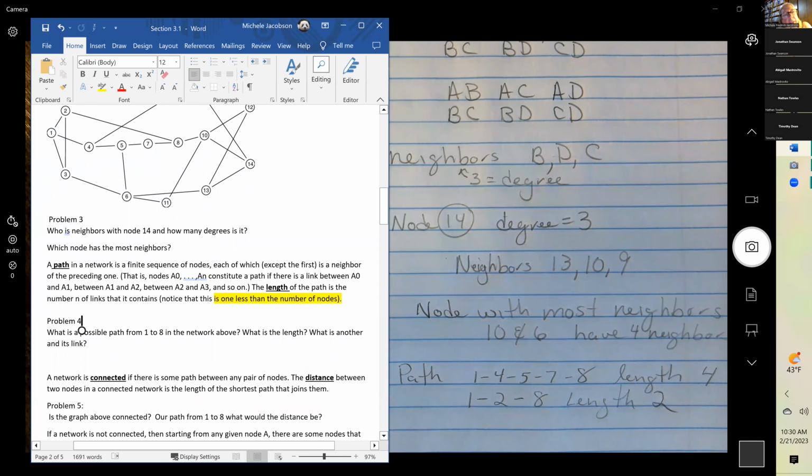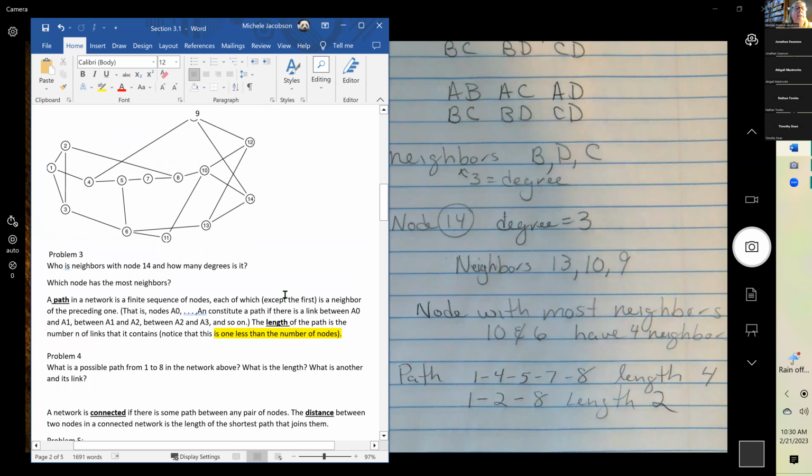A network is connected if there is a path between any pair of nodes. So to be connected, you have to be able to go from any node to all of the rest of them. It doesn't have to be directly, but it has to be able to get there. If another node, say 15, was out here and nothing was attached to it, then this would not be connected, because the other nodes could not get to that one.